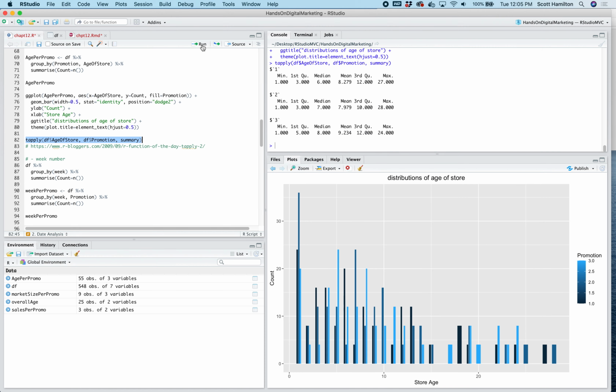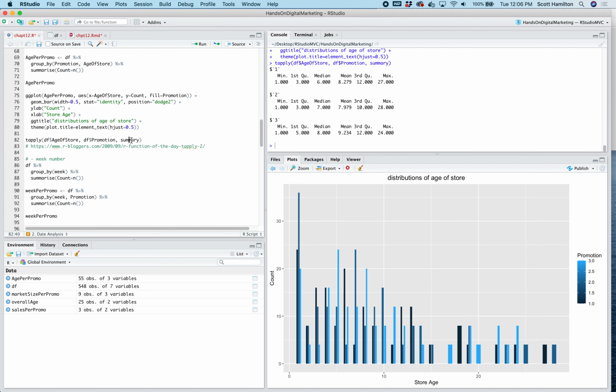All right, then this tapply function is a new one that you might not have seen before. What it's actually doing, it's kind of functioning like a group by. So in the tapply function, we have the actual value that we're going to be applying the function to, and then we're going to have the group by. So we're looking at the promotion here, and then the function is actually summary.